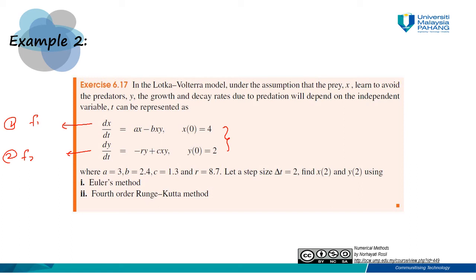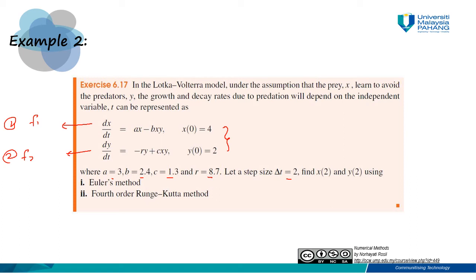We have some information here: A is equal to 3, B is equal to 2.4, C is equal to 1.3, and R equal to 8.7. Our step size delta T is equal to 2. You need to find X when T is equal to 2, and Y when T is equal to 2, by using the Euler method.